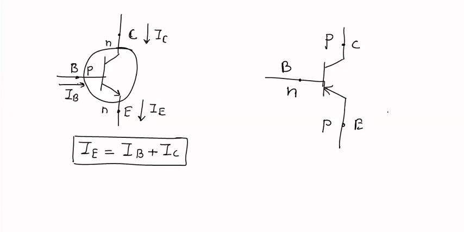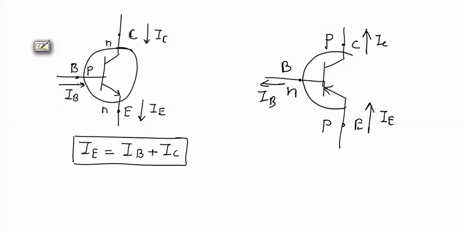In this PNP transistor, the emitter current IE will flow in this direction, while collector current IC and IB will flow in the outward direction. Again, if we consider this transistor as a junction, then total incoming current IE should be equal to total outgoing current IC plus IB.